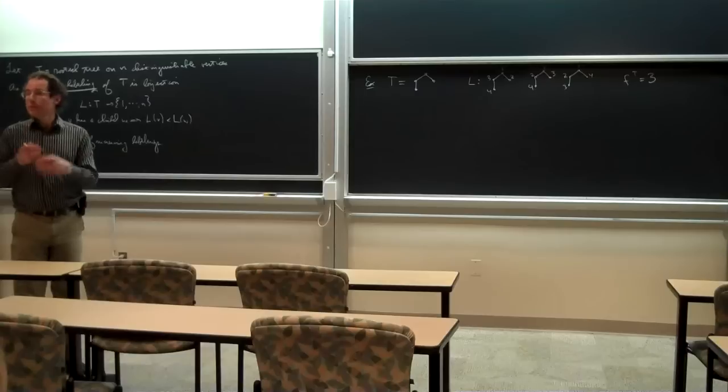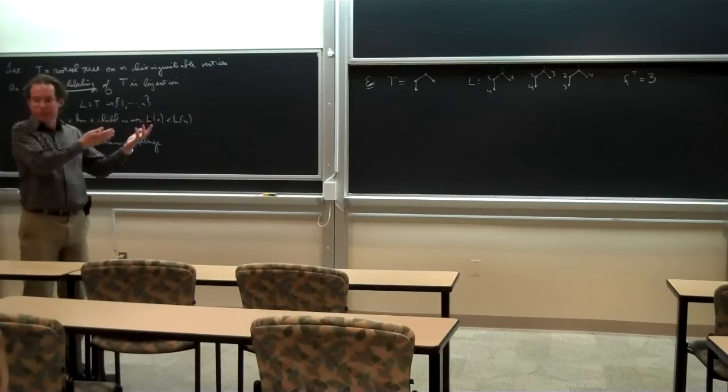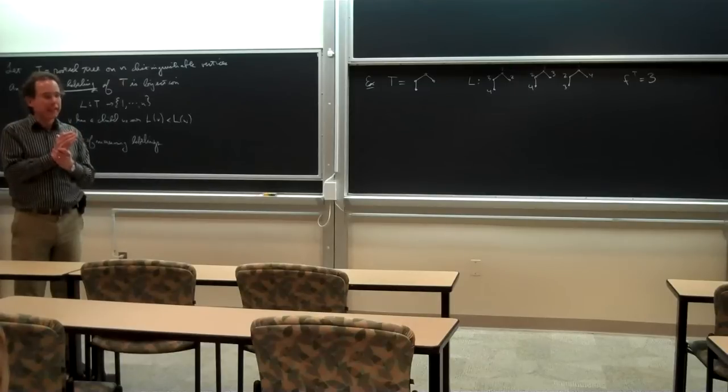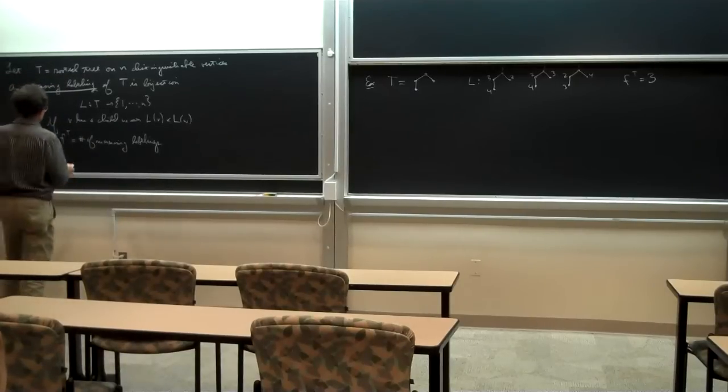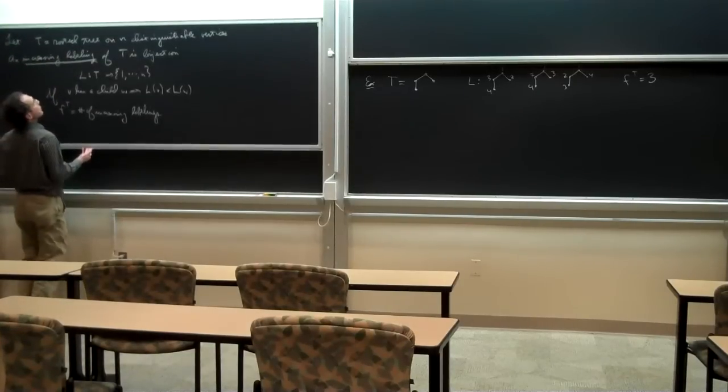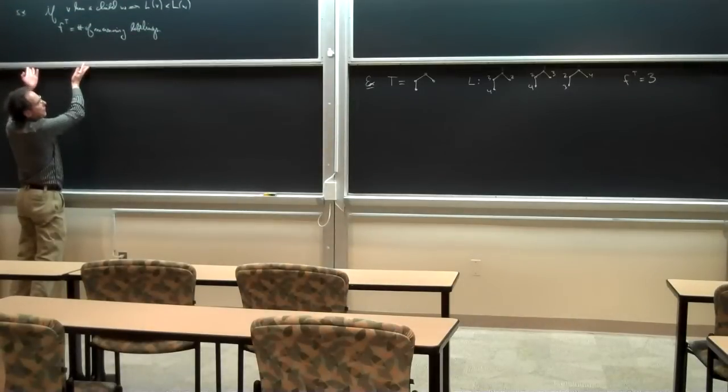Okay, so what we'd like, of course, is to have some formula that would compute f of T for us without actually having to go through and calculate each one of these individually. And there is such a famous formula, so let me tell you about this. This is where these things called hook lengths come in.